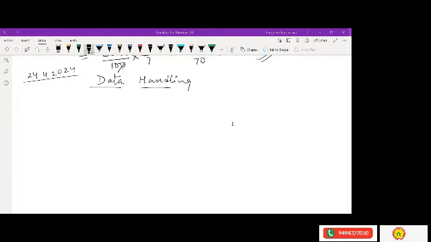Hamza, tell me, how do you define data? Ma'am, data is the information about the object. Yes, very nice. The collection of information is called data. Very good.